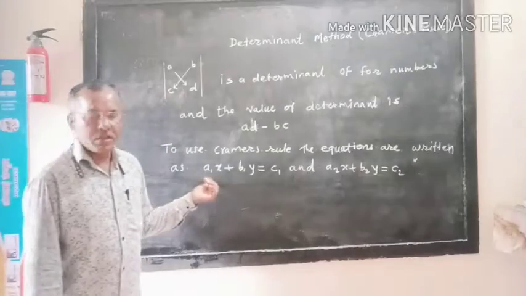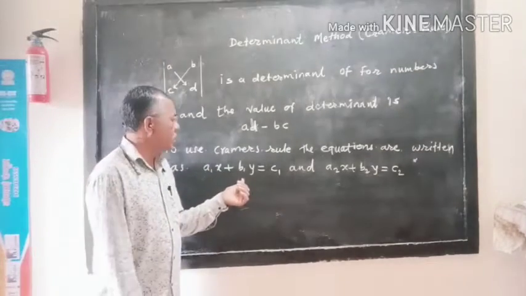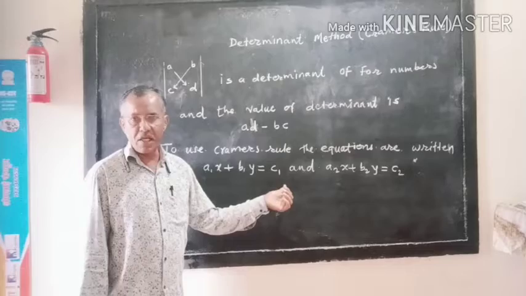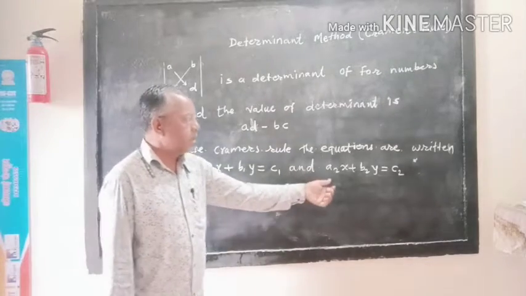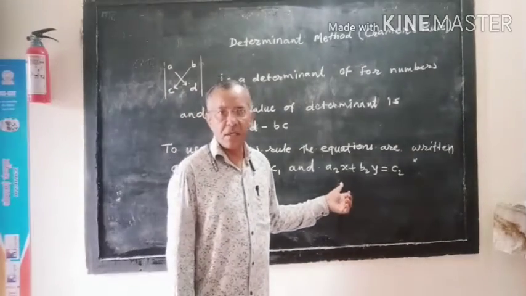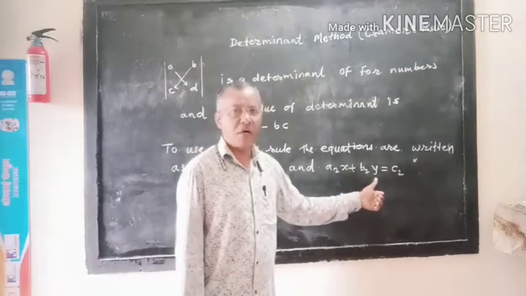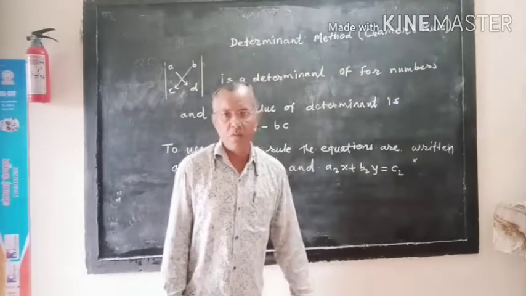A1x plus B1y is equal to C1. It is equation first. And equation second is A2x plus B2y is equal to C2.